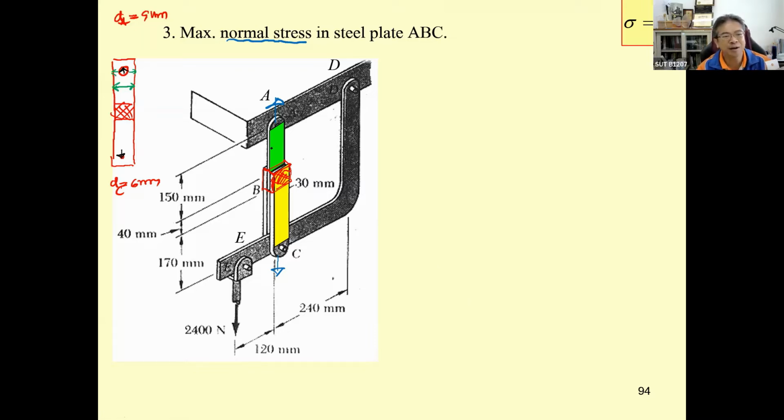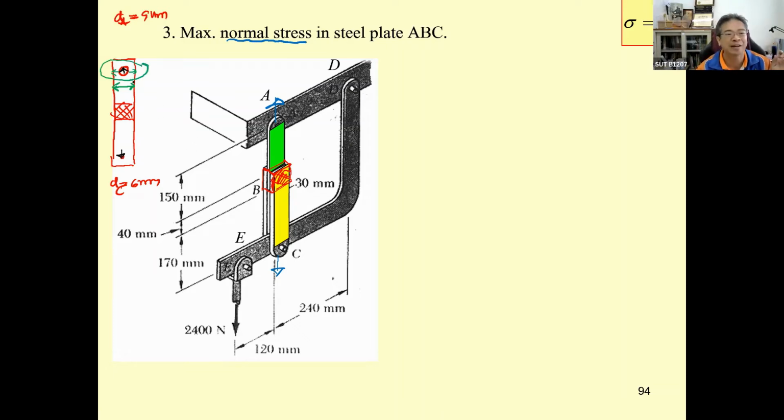For the green one, when you compare it, as you may see from the failure of this one, when you pull it, the failure is going to occur on this portion. It does not occur over here. It will fail at the hole, the bigger hole. This one is going to be the one that's going to fail.